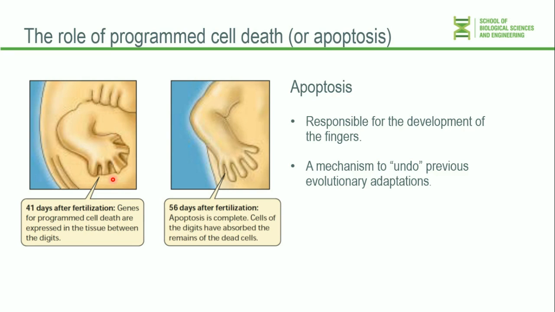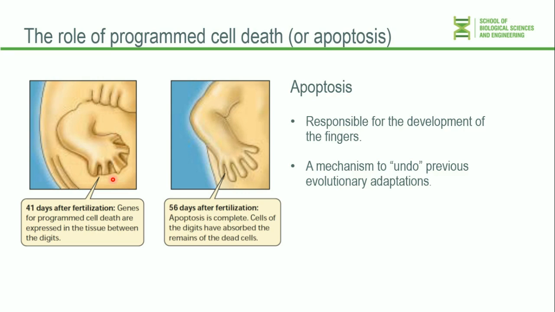But obviously we are no longer amphibians. We use our hands not so much for swimming as we use them for manipulation. So this tissue between the fingers is actually quite a hindrance for what we use our hands for. So this particular tissue then has to undergo apoptosis.